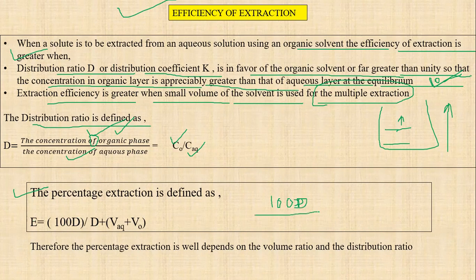Okay, upon D plus volume of aqueous phase plus volume of organic phase or organic layer. Okay, this is the formula. Therefore, percentage extraction, here it is already multiplied by 100. Hence, you can write it in percent.